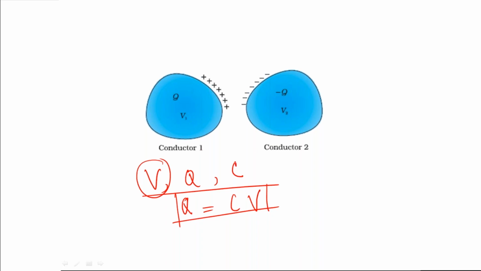This is the property of how much charge it can hold. If it can hold more charge, then it has more capacitance. If it can hold less charge, then it has less capacitance, or a smaller value of C. So this is capacitor and capacitance.